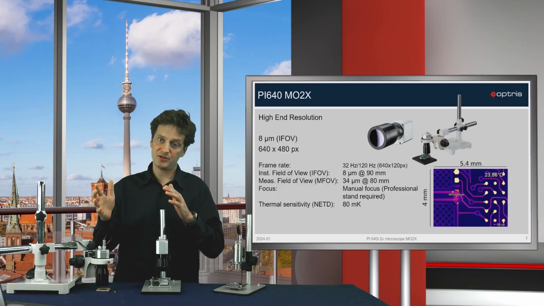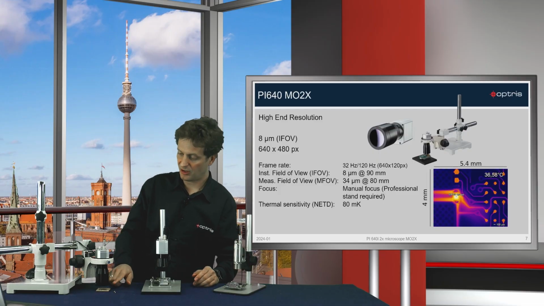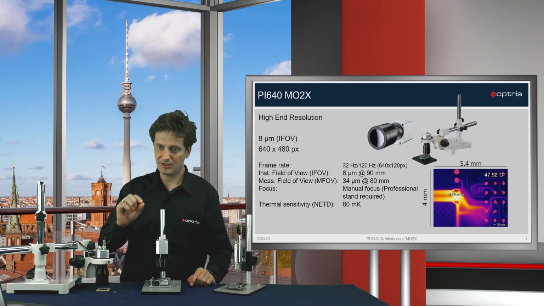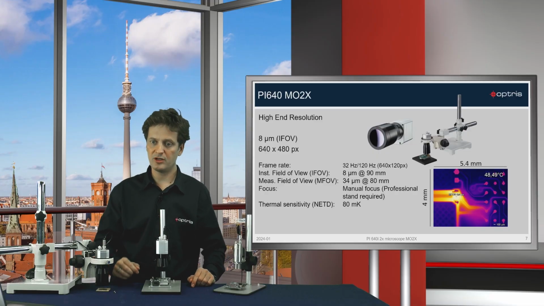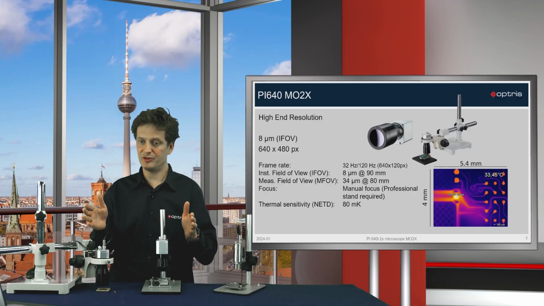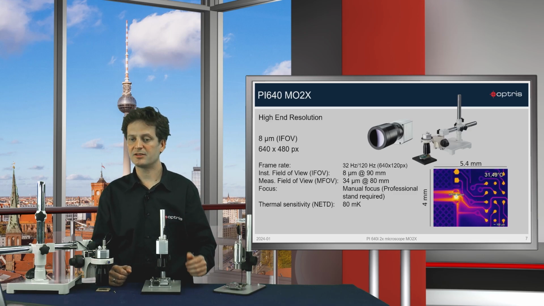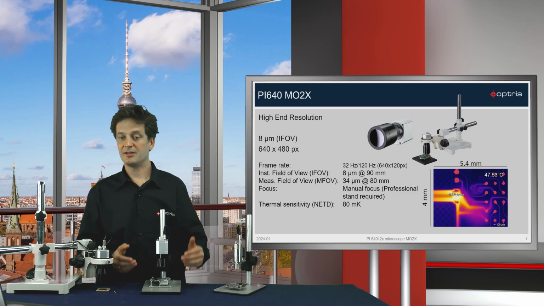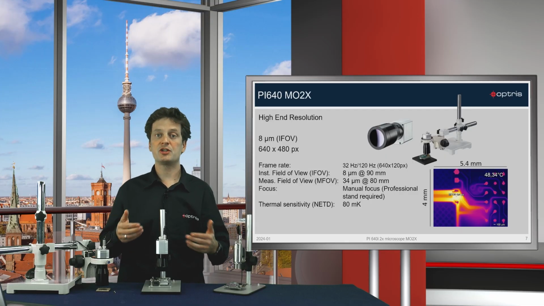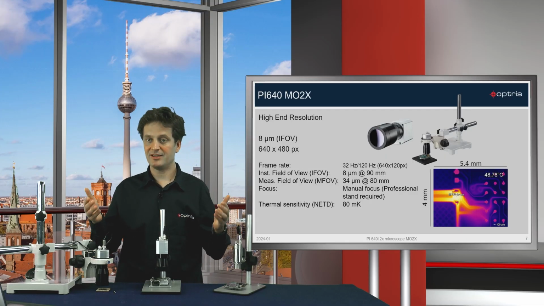But on the opposite side, as you can see, the operating distance is very close, so we have to go very close to the object, and also the field of view is limited. Here we're talking about 5.4 millimeters times 4 millimeters. So in the end, it is a question of the application which device is best suited.